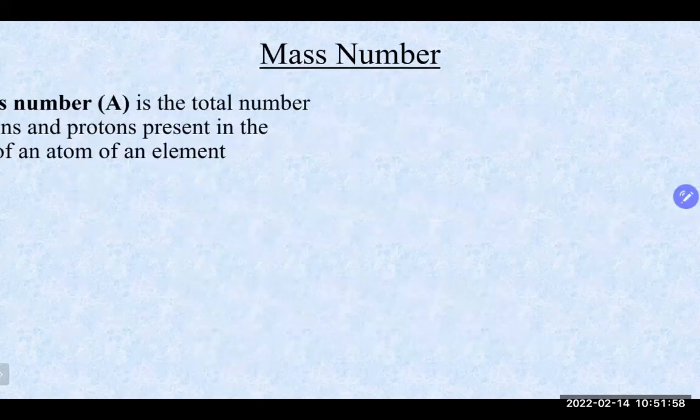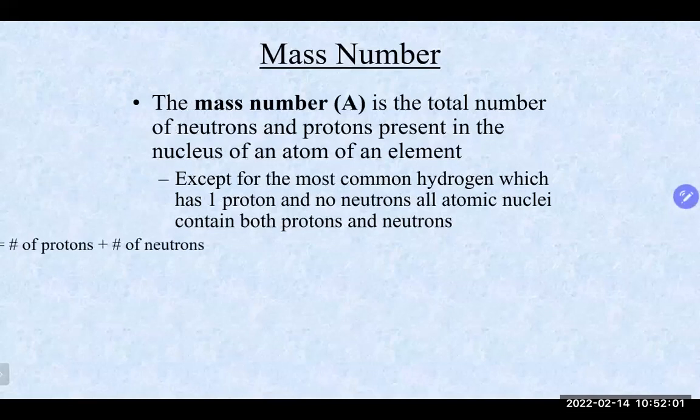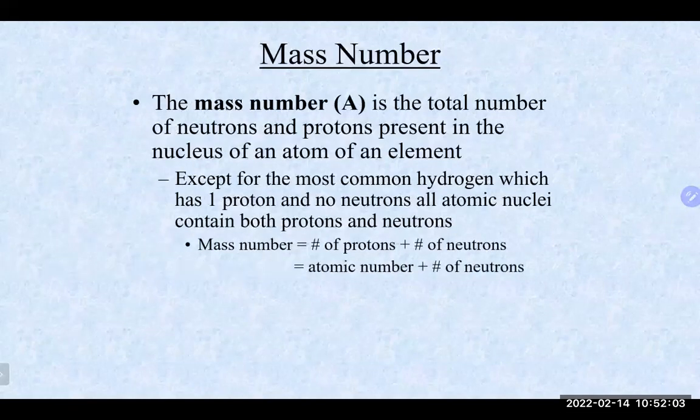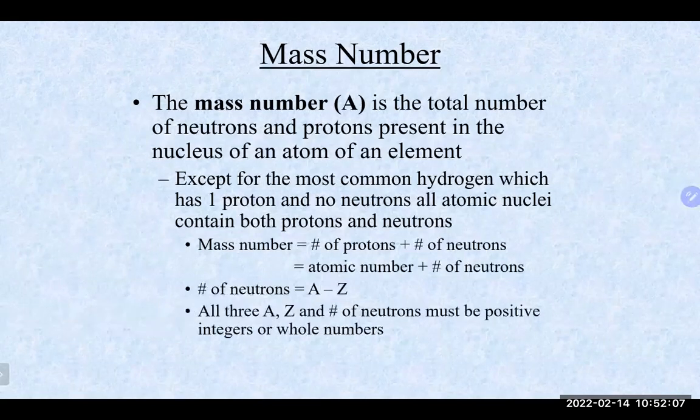Now, the mass number is another really important number that we look at or calculate sometimes. And what is the mass number? The mass number is sometimes abbreviated with an A. It is the number of protons and neutrons that you find in the atom of an element. So mass number is protons and neutrons.